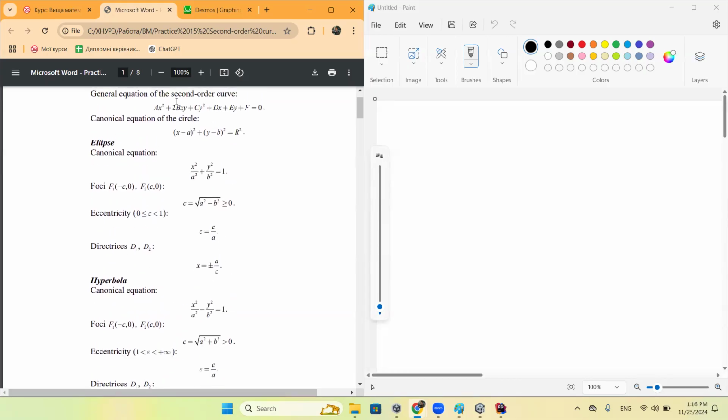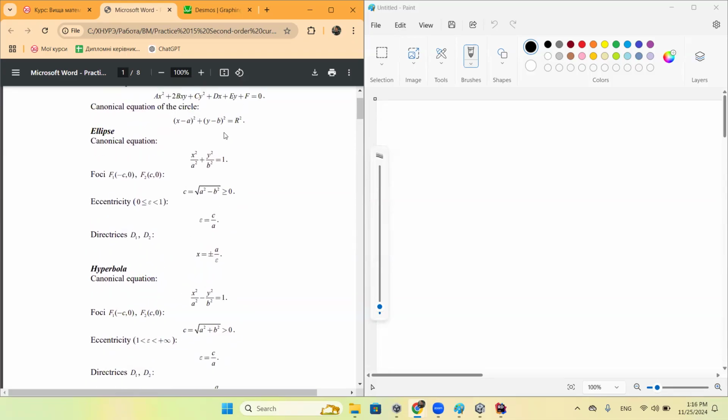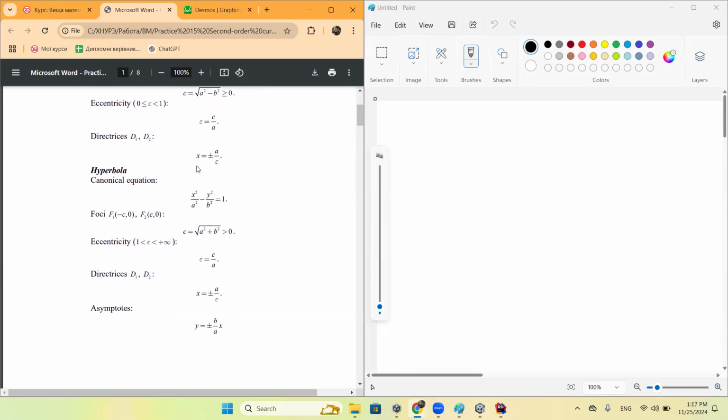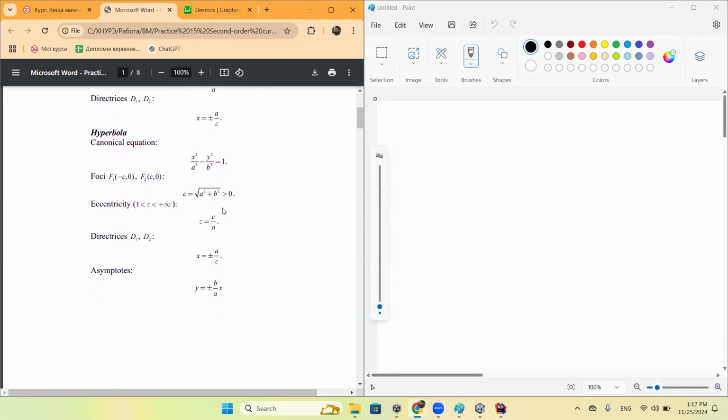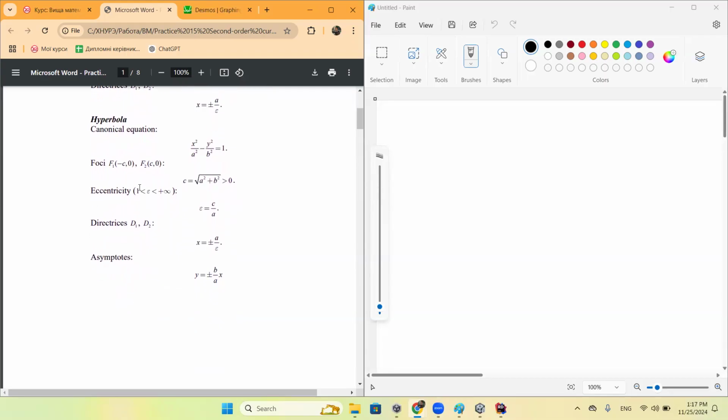By the way, the circle is a partial case of the ellipse, when the semi-axes are the same and equal the radius. The eccentricity of the hyperbola is always greater than 1. The formula for directrices is the same, and it also has asymptotes.